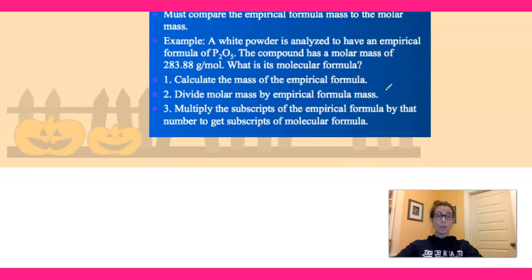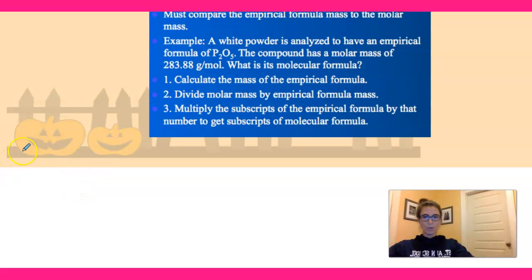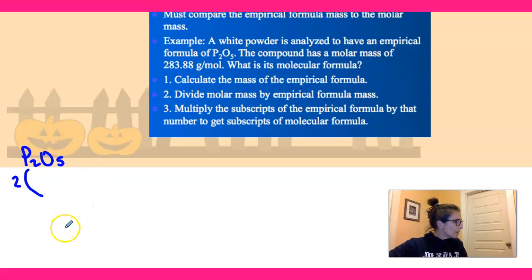So what you want to do is calculate the empirical formula mass, right? Where you take the empirical formula, so we're going to take that P2O5, okay? And we're going to treat that the same way we would if we were calculating molar mass for a compound. So we have two P's, so we're going to take 2 times phosphorus, which is 31.0.